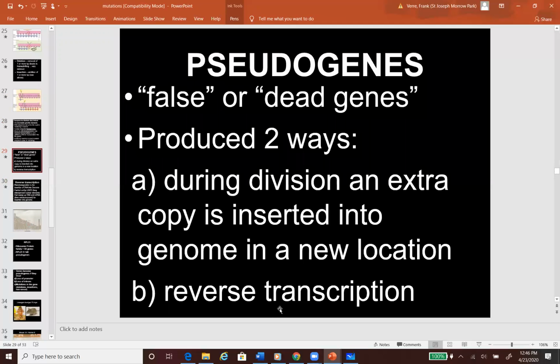Because here's the thing about mutation. What would happen if a mutation knocked out the promoter region? What do you think would happen if a mutation wiped out the promoter region? What's the role of the promoter region?